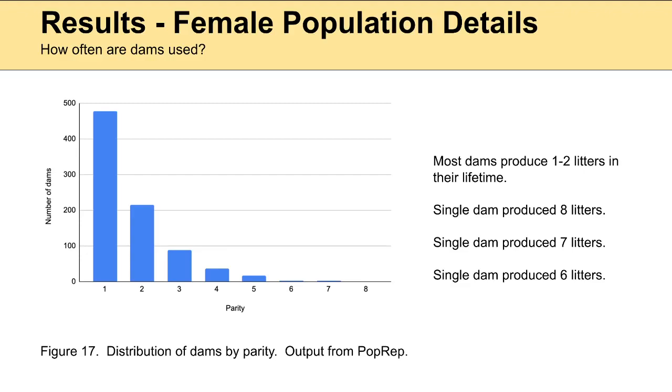There is a single dam that's produced 8 litters, a single dam that's produced 7 litters, a single dam that's produced 6 litters. But most dams are only going to produce 1 to 2. They are not going to have the pool of offspring available to them for retaining genetic diversity that the sires have available to them, because the sires are being bred more and repeat used more than the dams in our population.